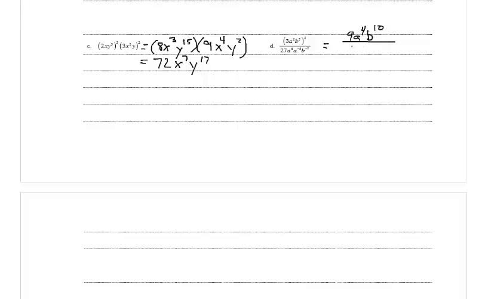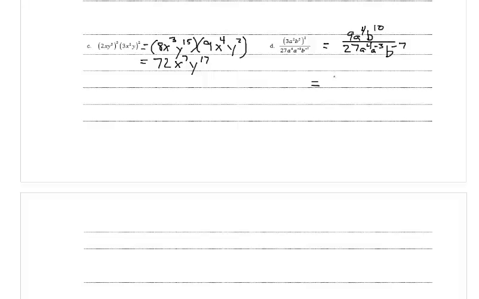Divided by 27 a to the fourth, a to the negative 3, and b to the negative 7. So now I want to make all my exponents positive. So when I do that, I need to move my a to the negative 3 and my b to the negative 7 to the numerator and make the exponents positive.